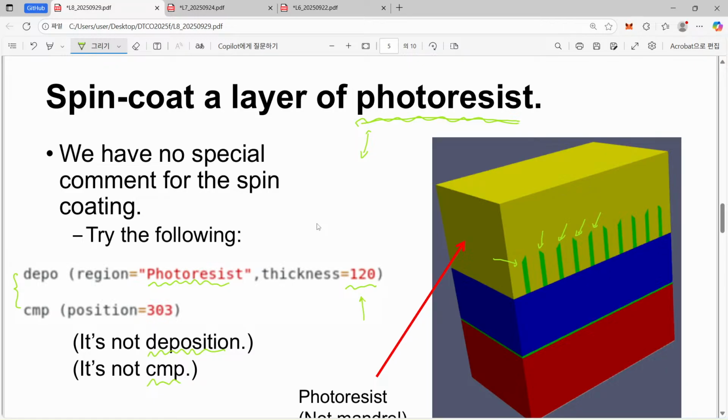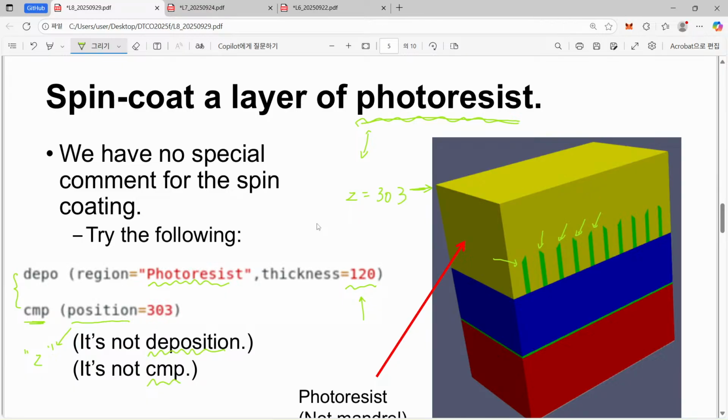Actually this thickness is not that important, so you can just use thick enough one, and after that you have another one called CMP, chemical mechanical polishing, and you can just specify position. Please note that this position is its z directional coordinate, so always normal to the xy plane.